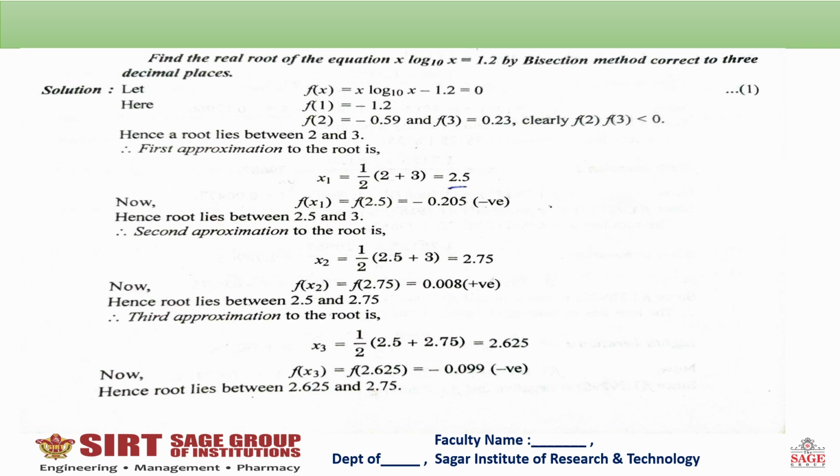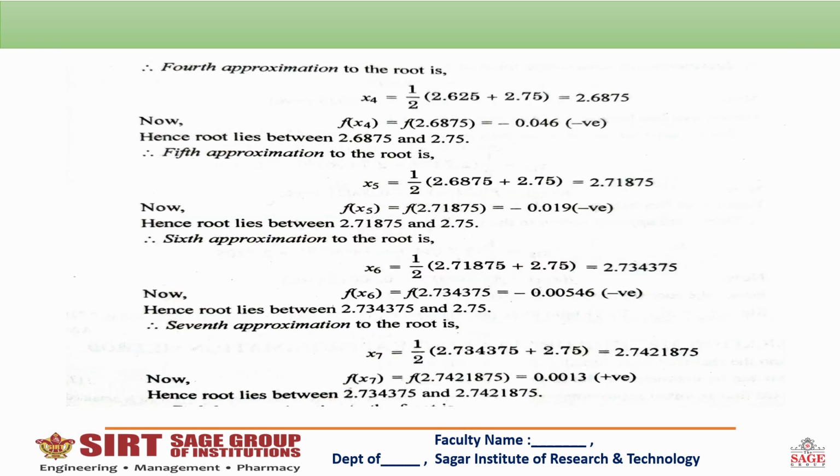That means 3 is replaced by 2.75, and we have the roots between 2.5 and 2.75, and we get the third approximation. The third approximation is 2.625, and we put x3 in the function and get a negative value. So this time the negative value replaces the previous negative value, and we find the fourth approximation.